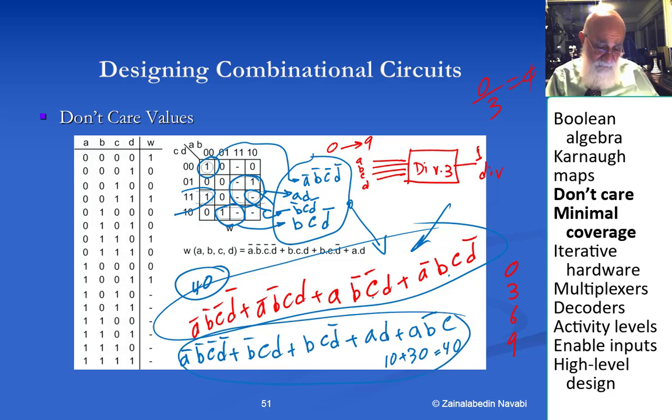How about this? 8 for this term, plus 4 plus 6 plus 6 for these two, and then the 4 input gate for putting them all together, that's 8.